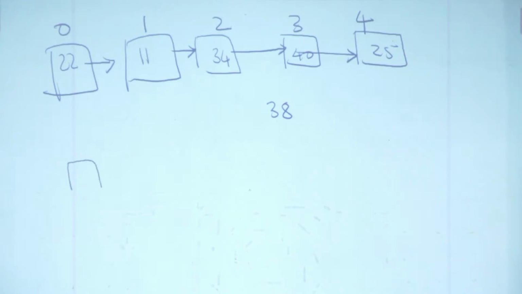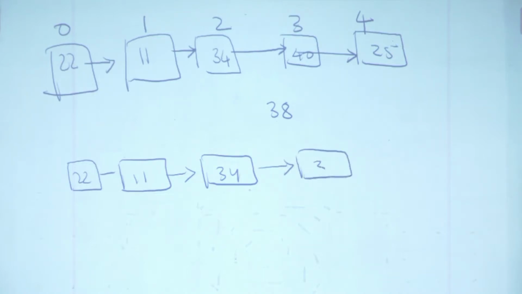So then the list will be 22, 11, 34, 38, 40 and 25. This is how my list will look afterwards, after I have done the insertion. I am inserting at position 3.